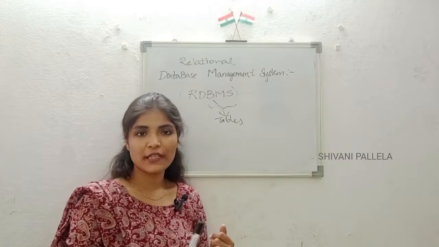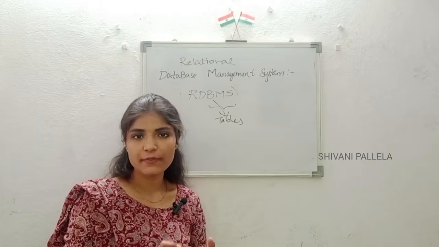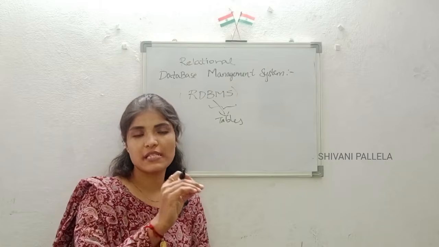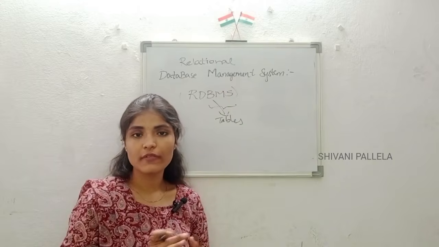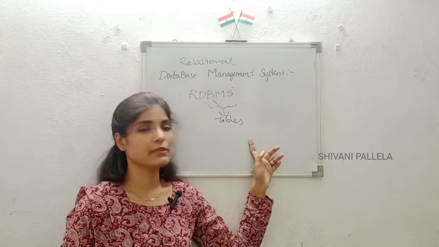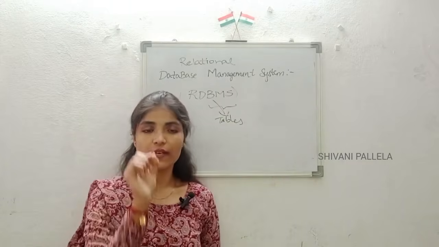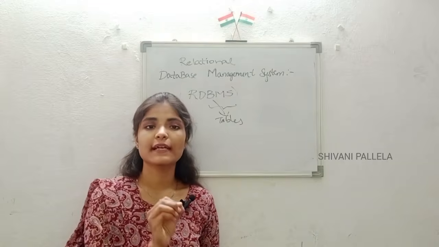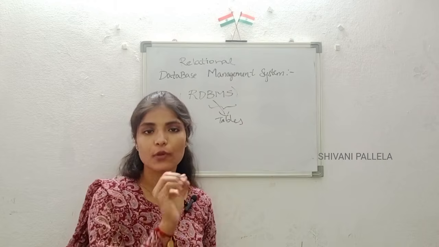Data is the collection of raw facts. After collecting, we will process it into information. After processing, we will get the interrelated data, which is called a database. And RDBMS is relational to the tables. RDBMS stands for Relational Database Management System, and it is the interrelated data which we are getting with certain programs.